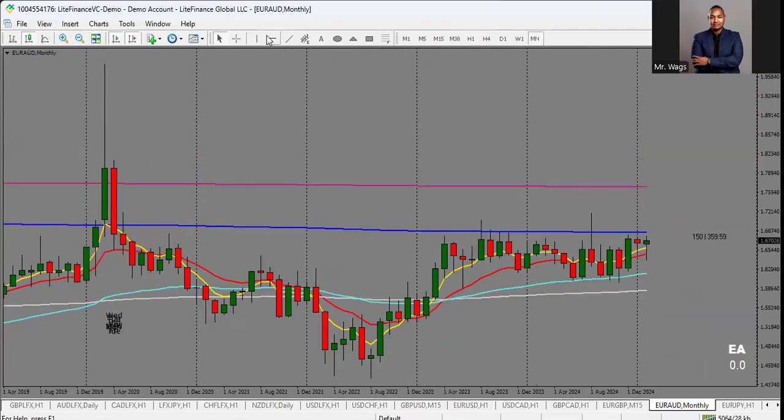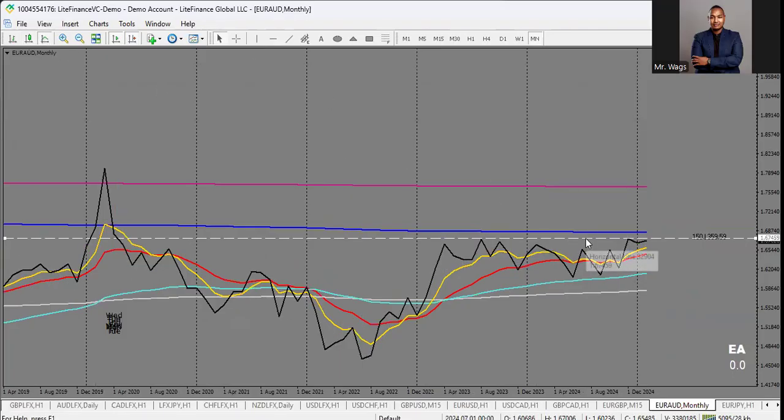So monthly time frame for EURAUD. Looking at areas of support and resistance that are close to the current market price.